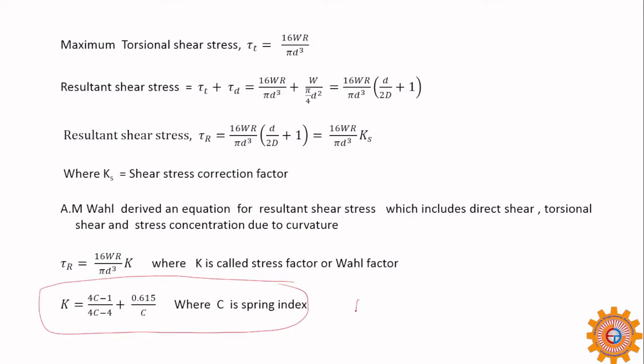So you have to remember this: torsional shear stress is equal to 16WR by πd³, into K. K means (4C minus 1) by (4C minus 4) plus 0.615 by C. That is about the stresses induced in the helical spring when it is subjected to axial load.